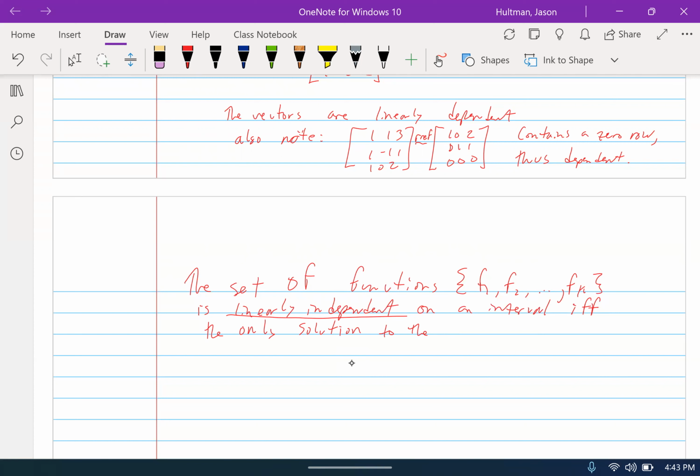These are equations. They contain multiple variables in a certain dimensional space, but these are functions.